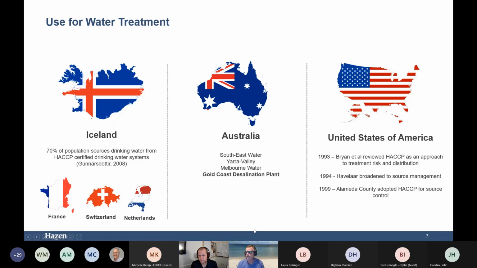In the US, HACCP has been considered in a number of studies to determine if it's something that would be applicable to the application of drinking water. It has been used extensively on source control, and I've got an example here from Alameda County in the late 90s, which adopted HACCP principles for managing their catchment and managing risks entering their catchment for source control.